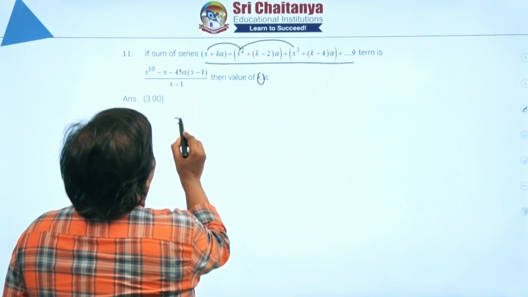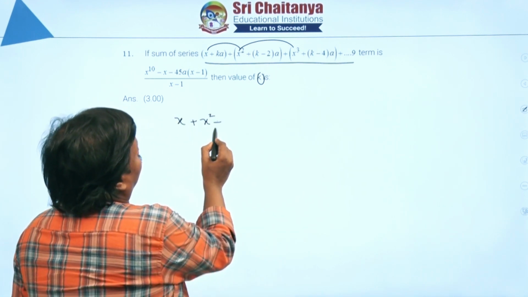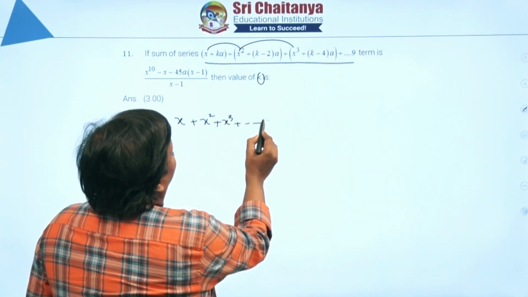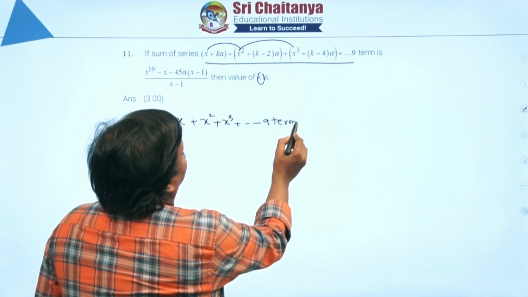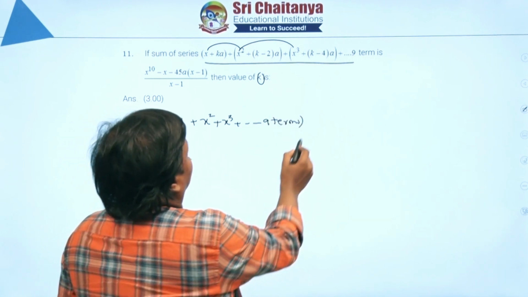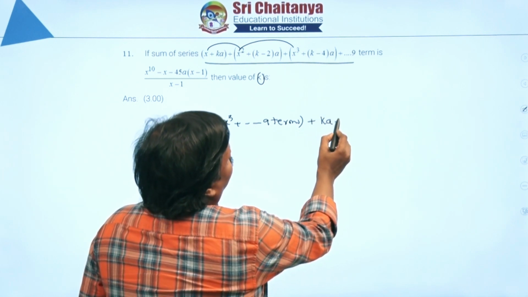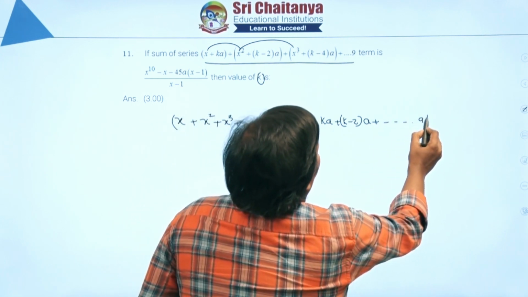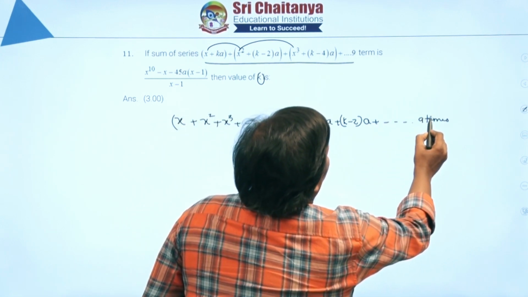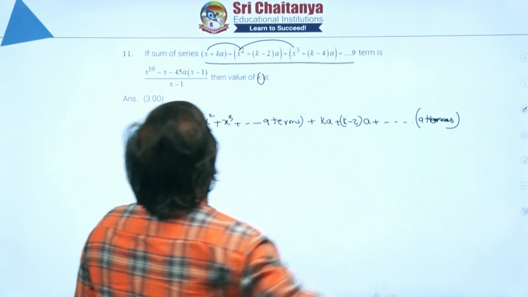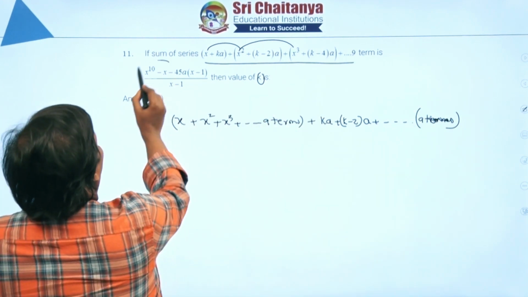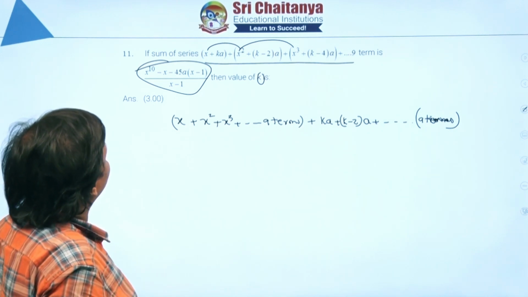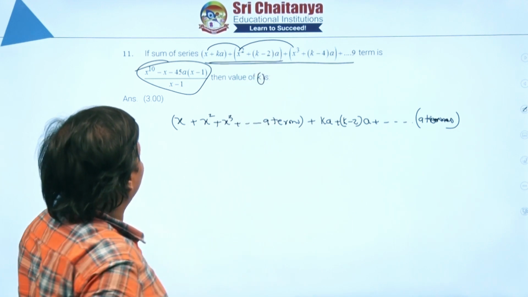Sum of 9 terms, I can write it as x plus x square plus x cube plus so on 9 terms, plus Ka, k minus 2a, so on 9 terms. He gave the summation of these 9 terms equals this value. So, we have to calculate the value of k.